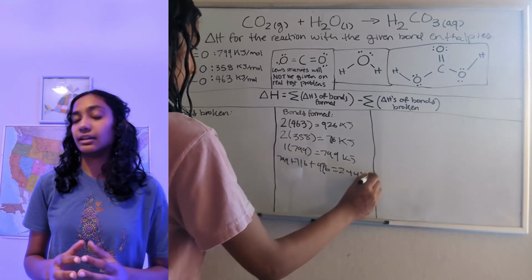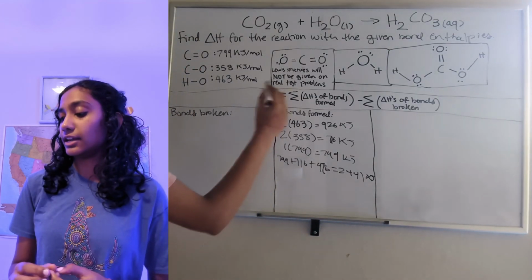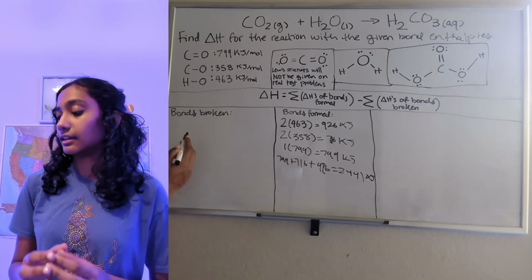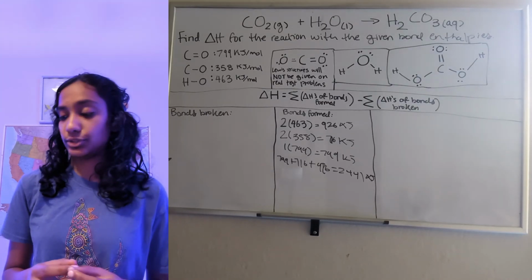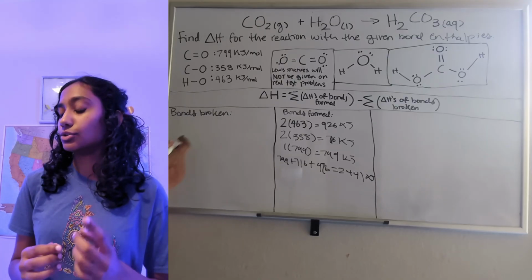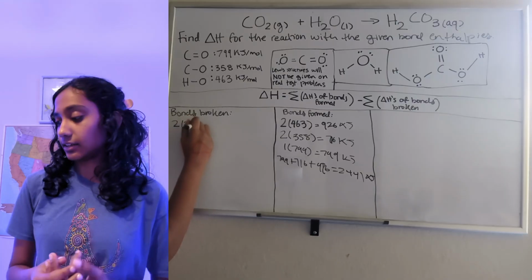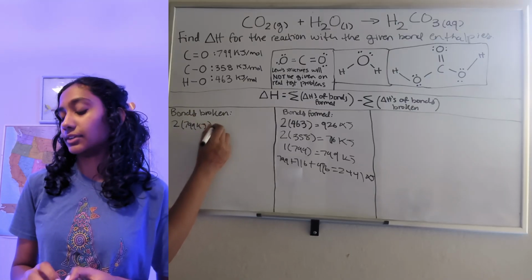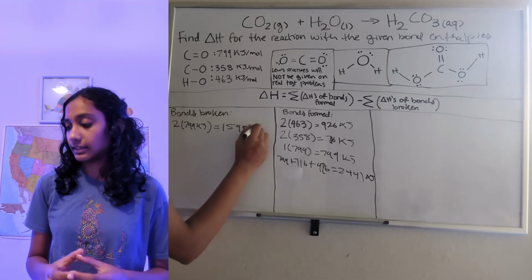Now to find the enthalpy of the bonds that were broken. Because CO2 and H2O are the reactants, their bonds between the atoms are going to be broken to form H2CO3. There are 2 CO double bonds in CO2, and each of those is 799 kilojoules. 2 times 799 gives us 1,598 kilojoules.